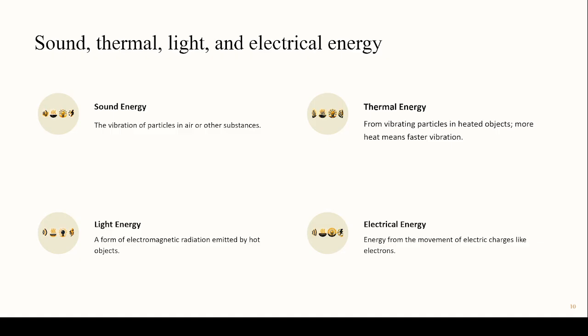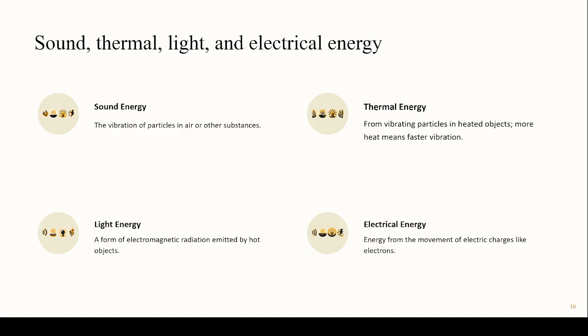The atoms will vibrate because of heat, so there is motion happening in these particles. Though the iron rod doesn't seem to be moving, it heats up, and because of the vibration of particles, there is motion. So thermal energy is also kinetic energy.